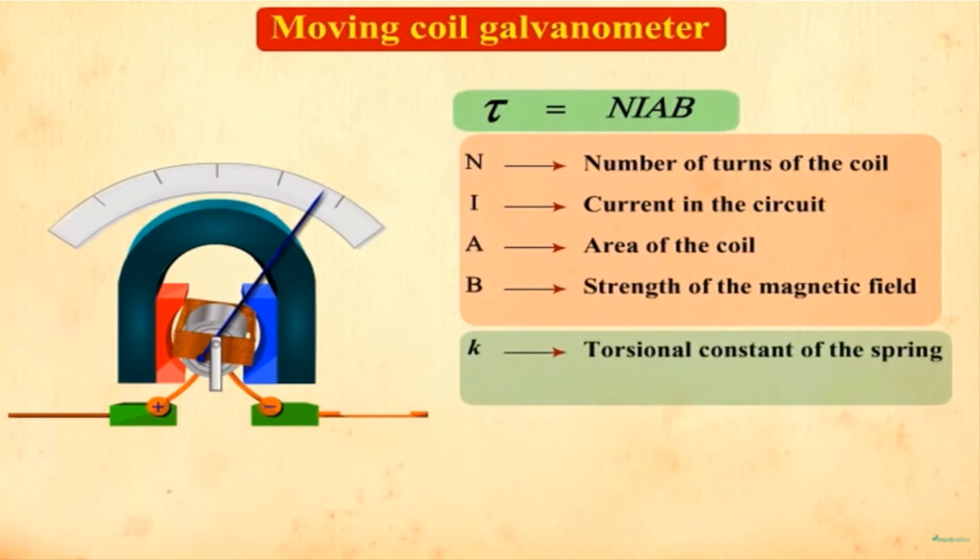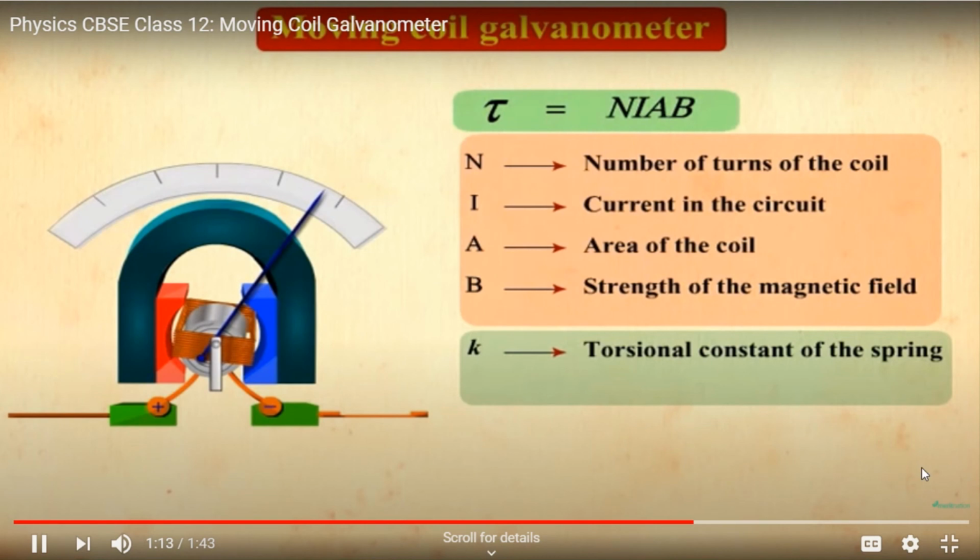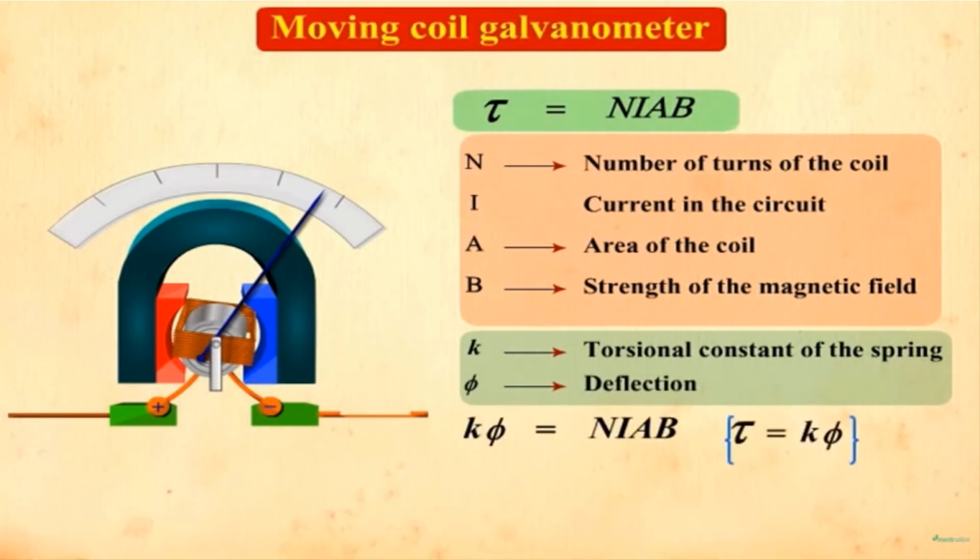If small k is the torsional constant of the spring and phi is the deflection, we have k phi equals NIAB. The deflection and the current are thus related by the expression phi equals NAB by k into I. See carefully, this quantity in the bracket is constant for a galvanometer. Thus, using the deflection, we can obtain the current in the circuit.